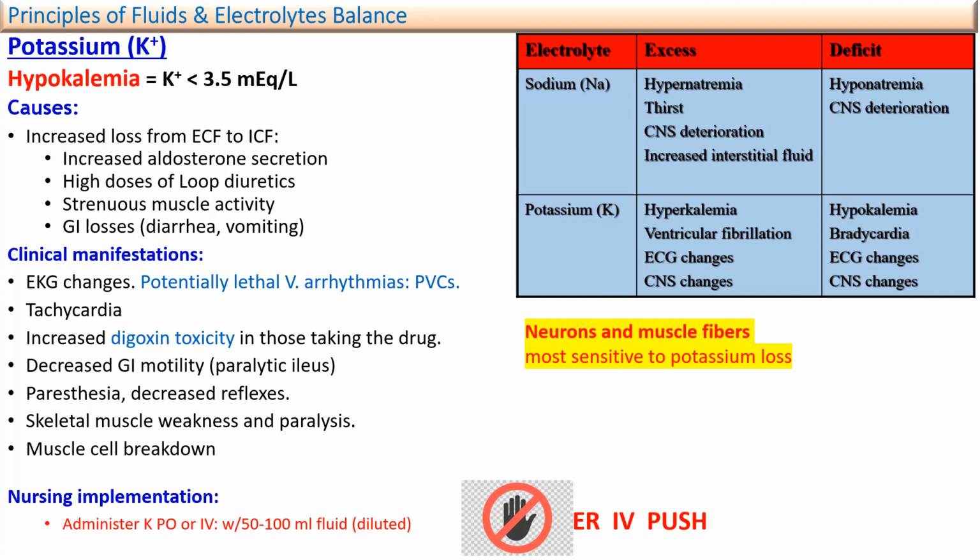Or high doses of potassium-losing diuretics like loop diuretics, which result in the loss of potassium in the urine. Strenuous muscle activity and exercise also result in hypokalemia, as does excessive loss of potassium through the GI tract, like diarrhea and vomiting.